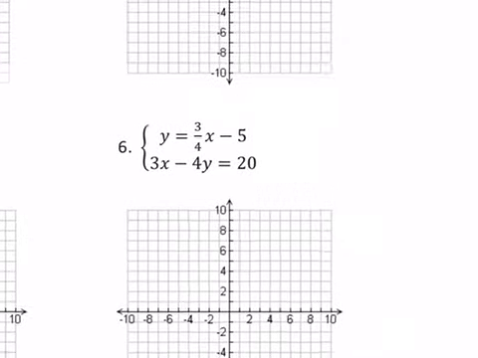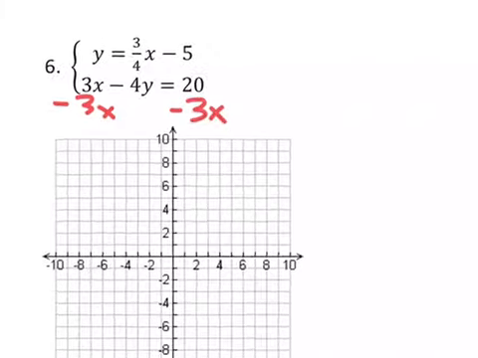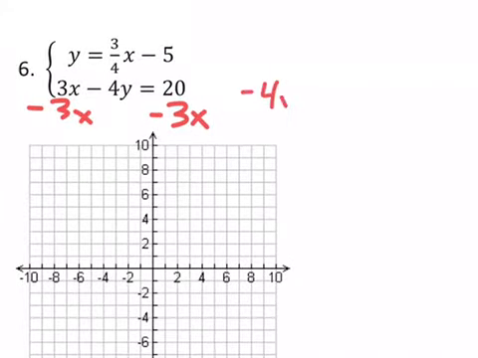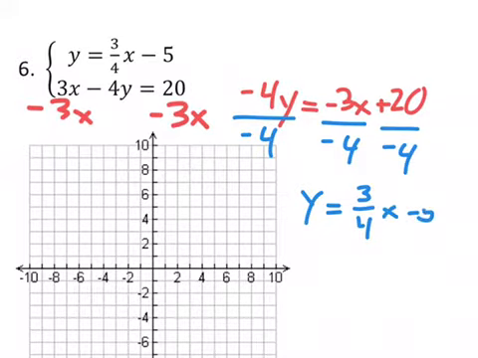One that could be tricky could be number 6. That's because you need to solve this second equation for y. So that involves us getting the x to the other side. And then we need to divide everybody by negative 4, leaving us with y is equal to positive 3/4 x minus 5.